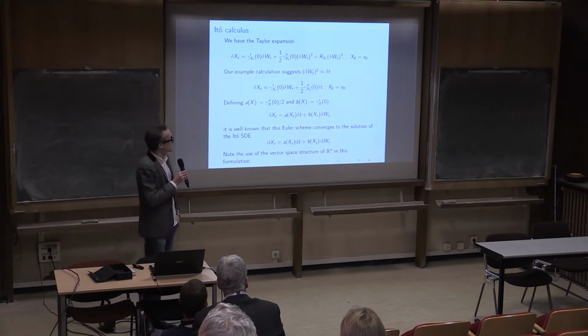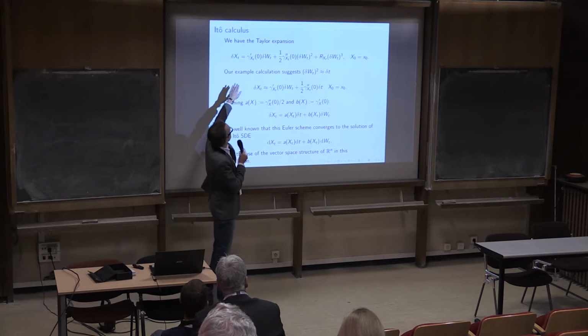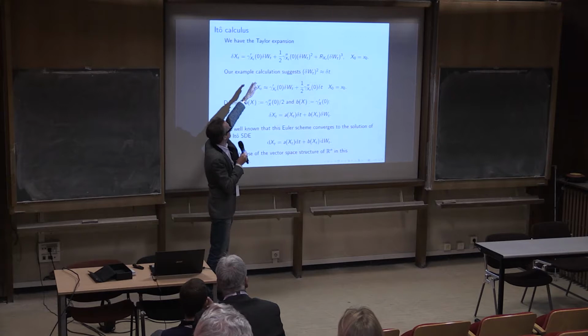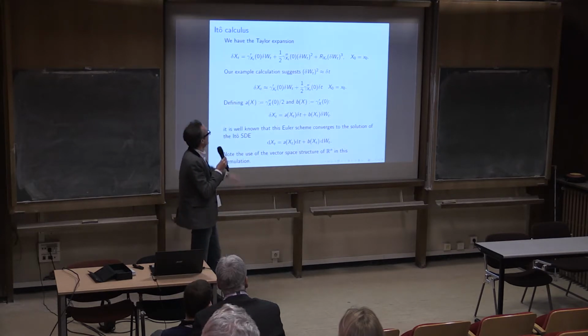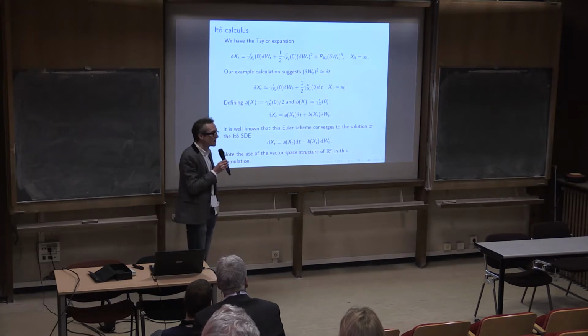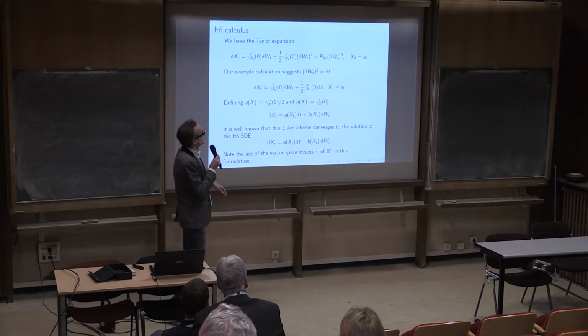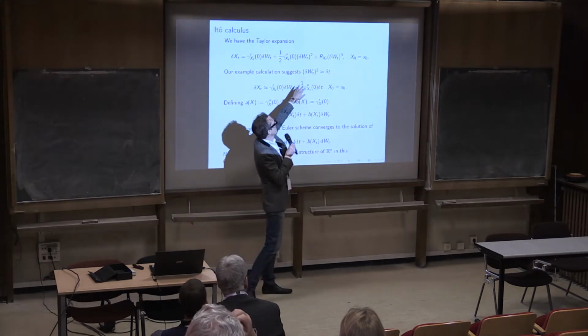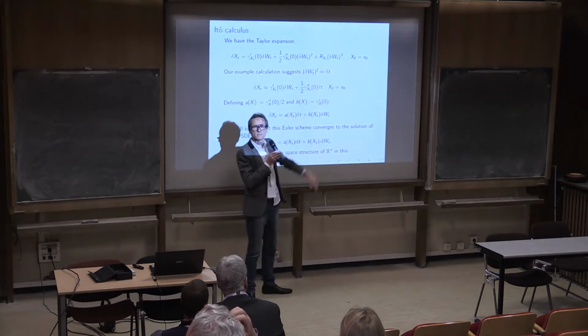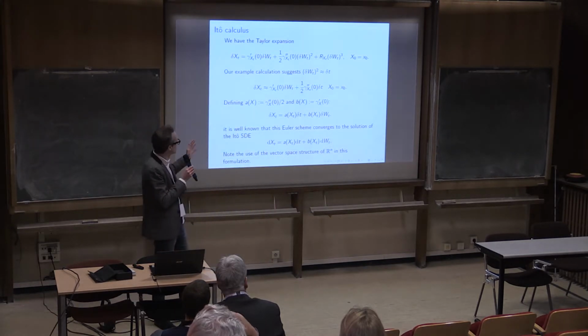Okay, so we've got this Taylor expansion that I showed you before. The first derivative is associated with dWt, the second derivative is associated with dWt squared. And our calculations using the central limit theorem suggest that in the limit, dWt squared will tend to delta t. This is something anybody who does stochastic differential equations tends to think of automatically.